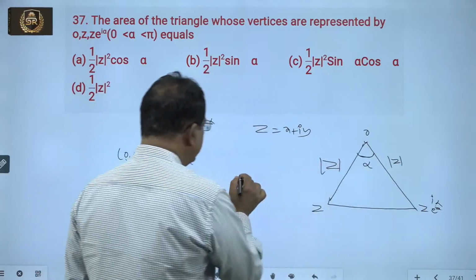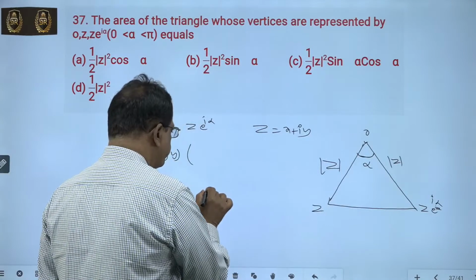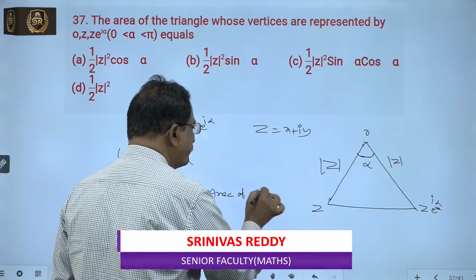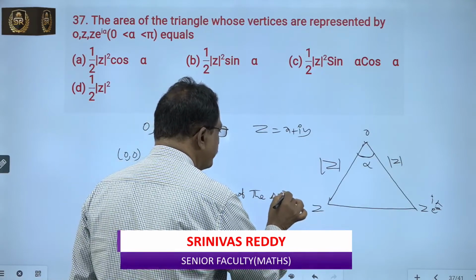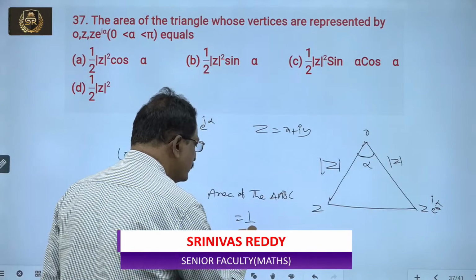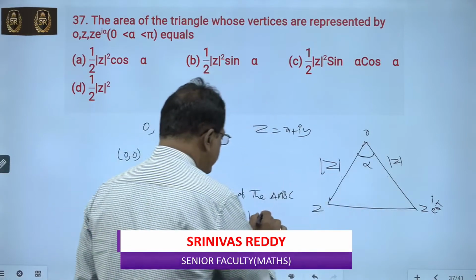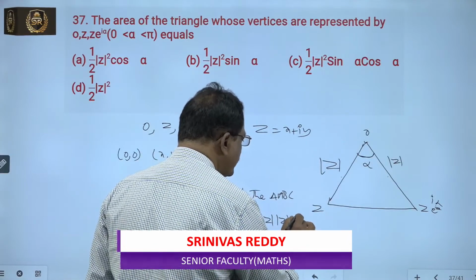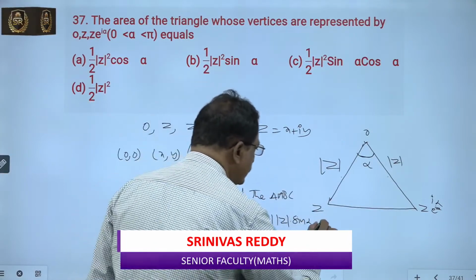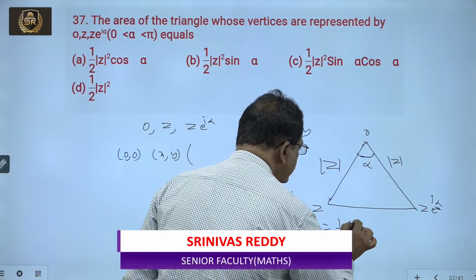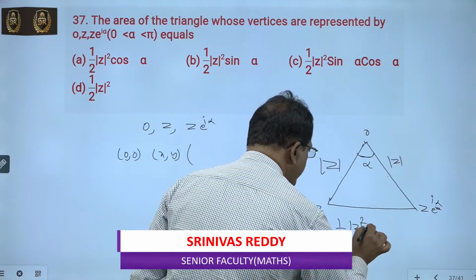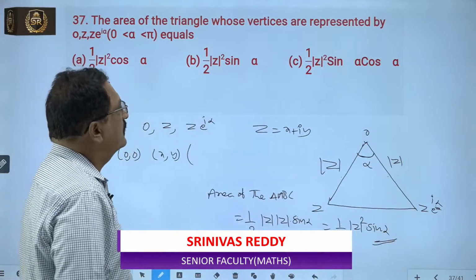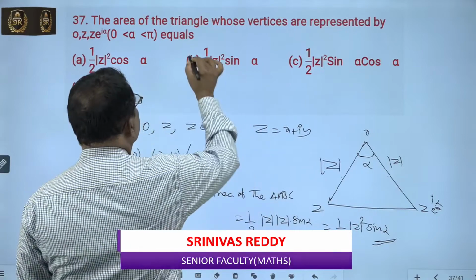Now, area of the triangle ABC equals half into product of two adjacent sides, means mod Z into mod Z, into sine of the angle between the two sides, sin alpha, or that equals half into mod z square sin alpha. Half into mod z square sin alpha. Second option.